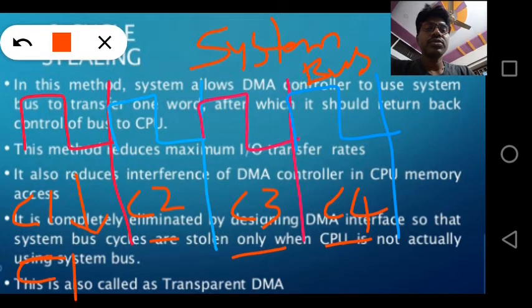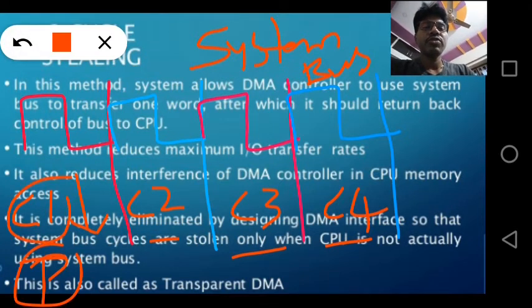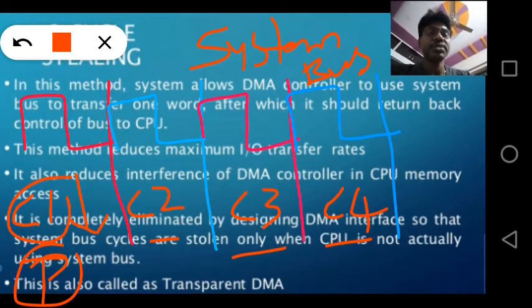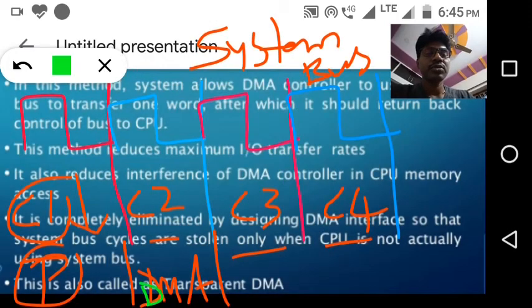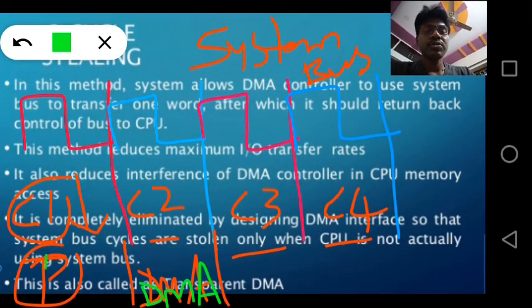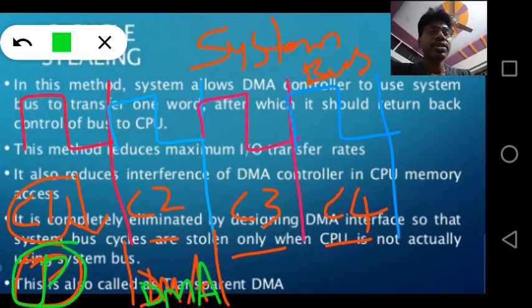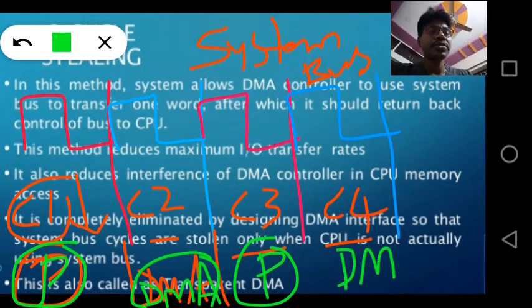First, during cycle 1 the processor gets the control of the system bus, and in the next cycle DMA gets it. Then processor, DMA, and third cycle again processor, fourth cycle again DMA.